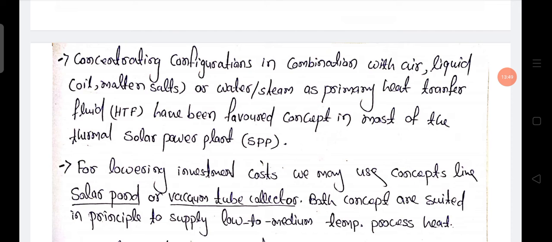That means in solar thermal power plants, we mostly use concentrating collectors, okay, and the concentrating power C is nearly equal to 100.